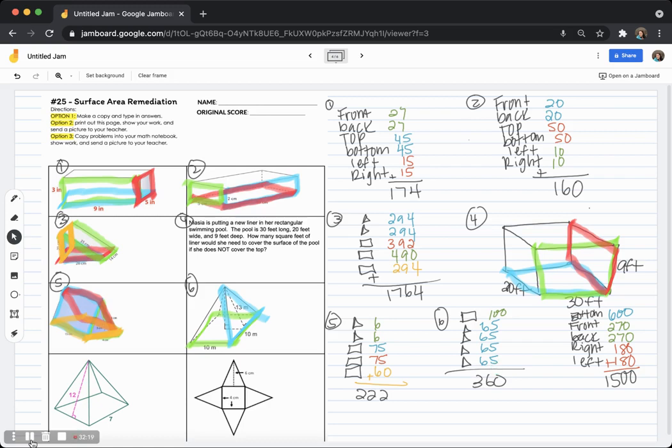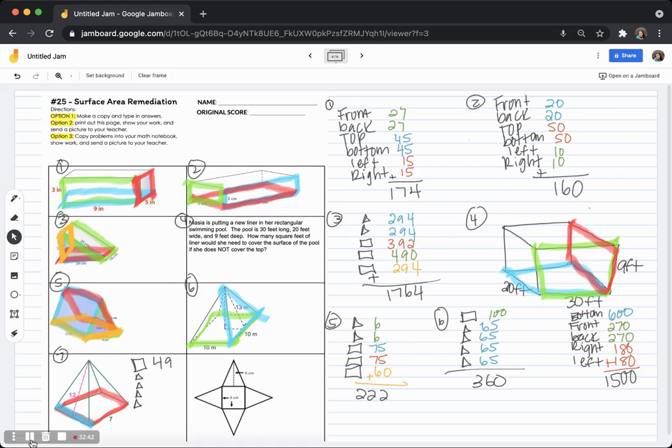Right, number 7 is the same thing. So I have a square base and 4 triangles. So the base is a 7 by 7 square. So 7 times 7 is going to give us 49. And then I have those 4 triangles. So the base of the triangle is 7 because it's a square.